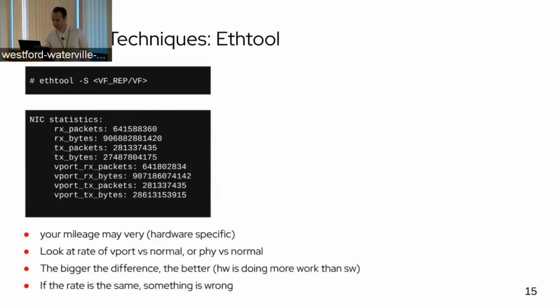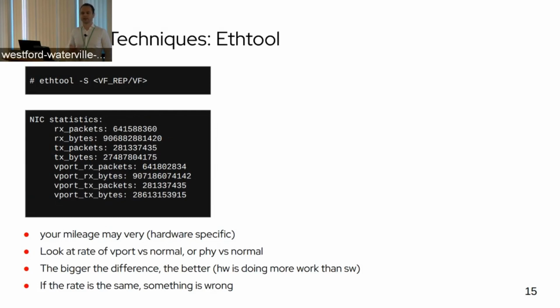All right. So the first thing you might use is ethtool. It's a pretty well-known tool. The downside is that your mileage may vary with what you can do with this tool because it's very hardware specific. So you have to run ethtool either with a virtual function or the virtual function representor that I talked about earlier, and you'll get some statistics if it's supported for that particular NIC.